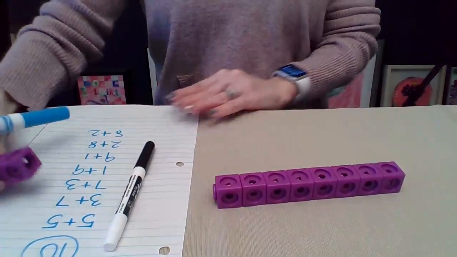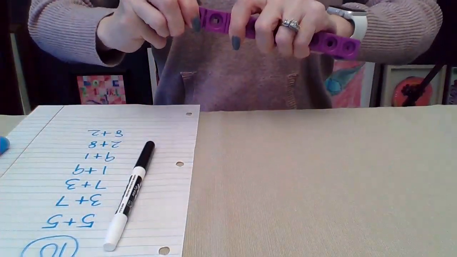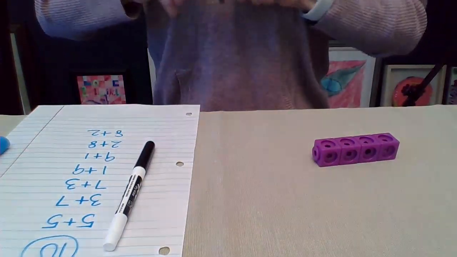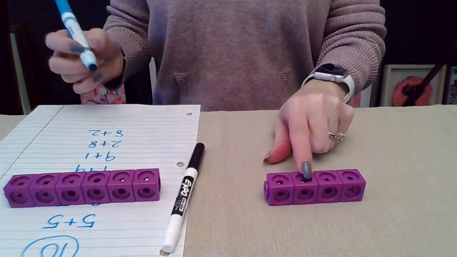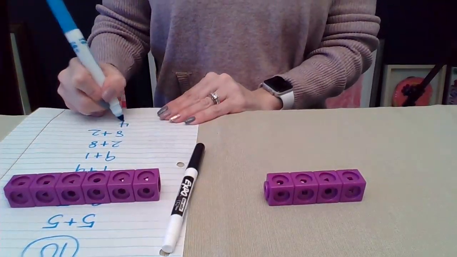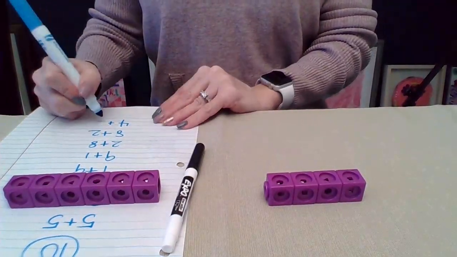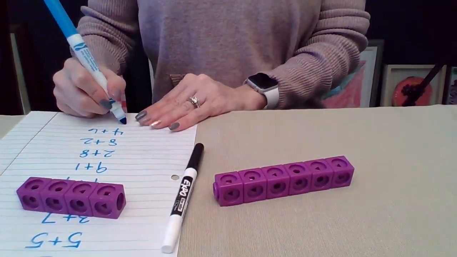Okay, are there any other ways to make 10? Oh, here's one. That's just what I needed. We've got, how many here? We've got 4. How many here? 6. 4 plus 6, or the switch, 6 plus 4 also equals 10.